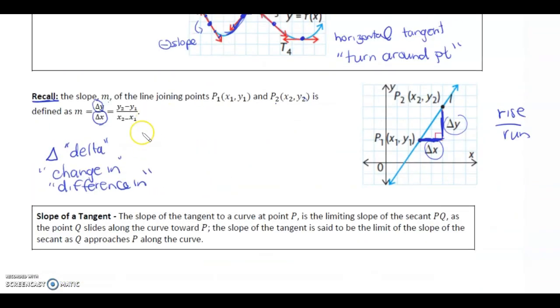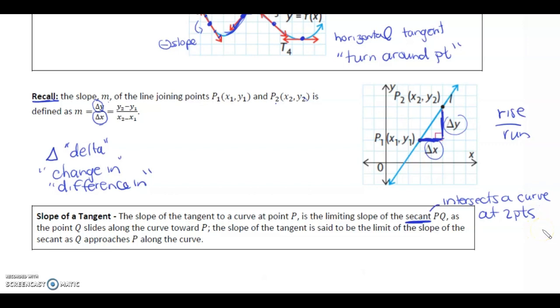So the slope of a tangent to a curve at point P is actually called the limiting slope of a secant PQ. Okay, so we're going to go over the difference between a tangent and a secant. A secant, and this is defined later on, intersects a curve at 2 points, right?